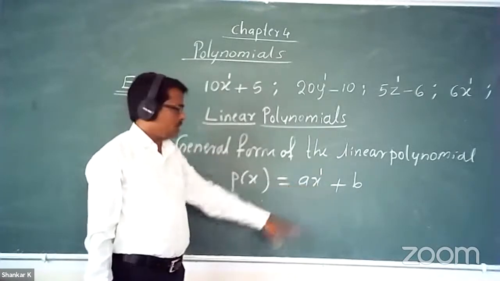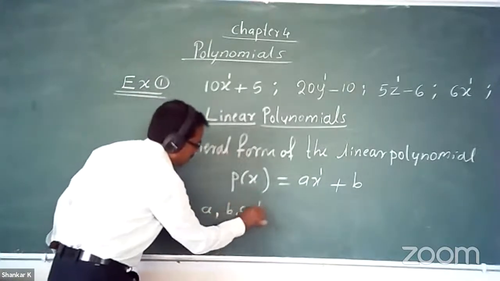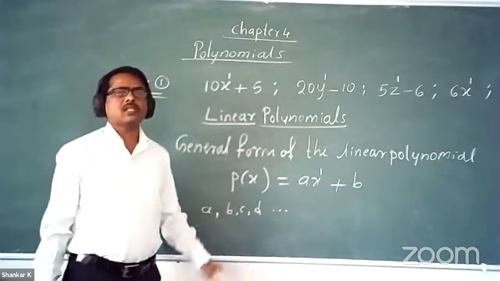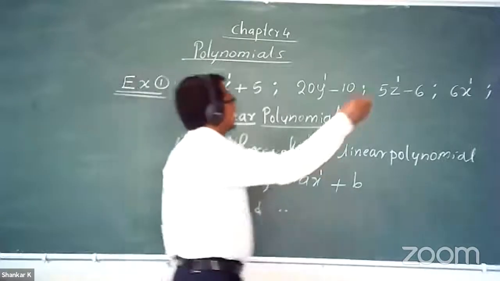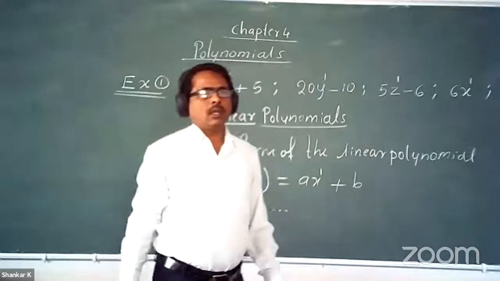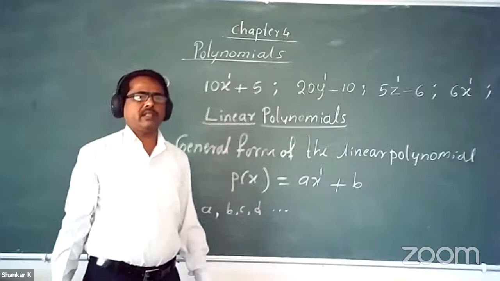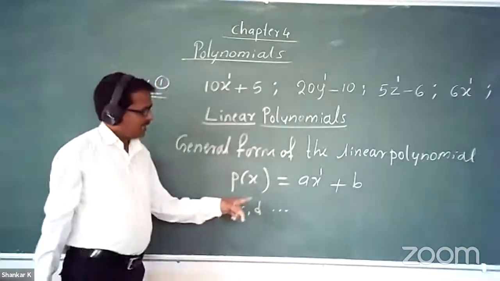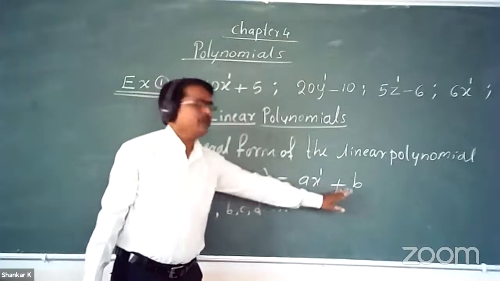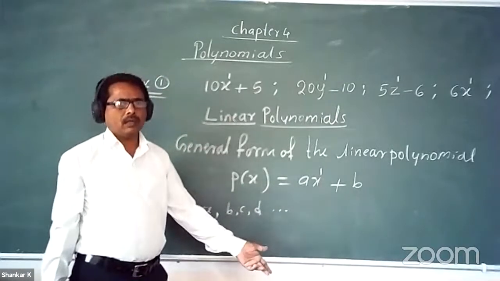In these polynomials, we use the alphabets A, B, C, D, and so on as the constants. Like we say pi is a constant, forever. That is different. That is a permanent constant, that never changes. But here, these A, B will change. A and B values are constants, but those depend upon the example.